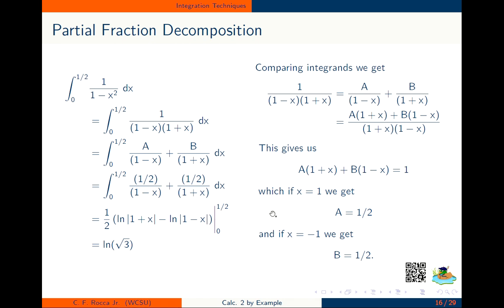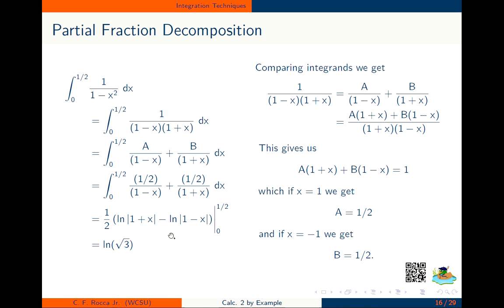Okay, so that's a very basic example of partial fraction decomposition. Again, the idea is to take a fraction that's a little complicated, in particular a fraction with a polynomial denominator, and rewrite it as a sum of fractions with simpler denominators. Then that will make it easier for us to find the antiderivative.